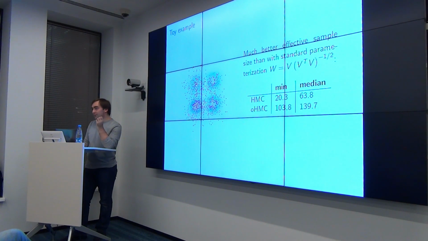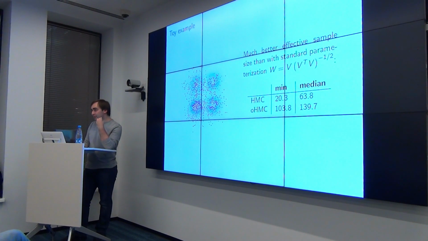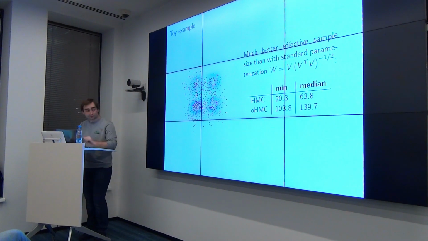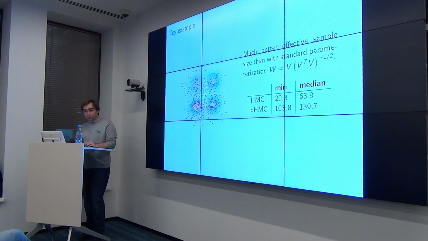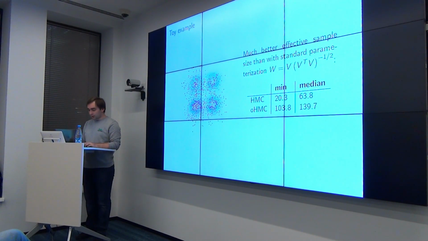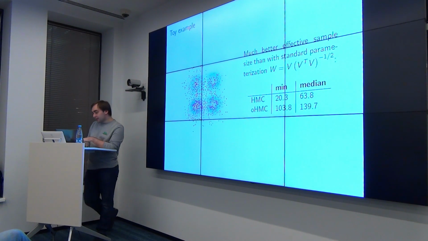You can think of it as how many samples you need to draw in order to get one independent sample from the previous samples. So the higher the better? The higher the better, yeah. And minimum and median are taken with respect to different coordinates.